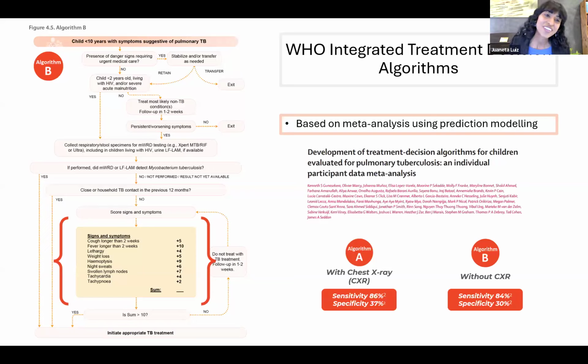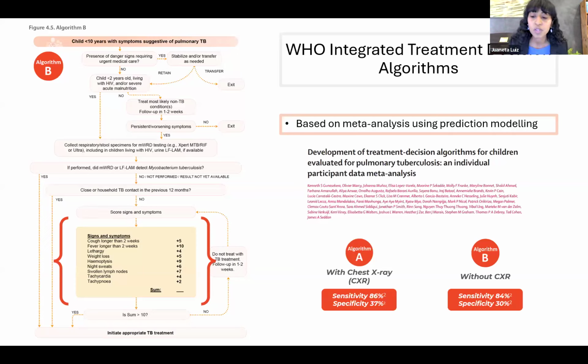Why am I telling you all of this? Because when you look at the algorithm, or anything really in medicine, it's useful to know what the diagnostic accuracy is. We know here that this is quite a sensitive symptom box, but not so specific. So amongst the group of children that have TB, it's going to pick up a lot of the cases, which is great. But amongst the group of children that don't have TB, but have some signs and symptoms, it may overdiagnose.